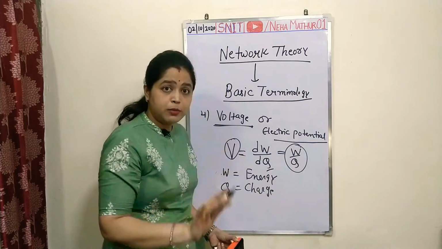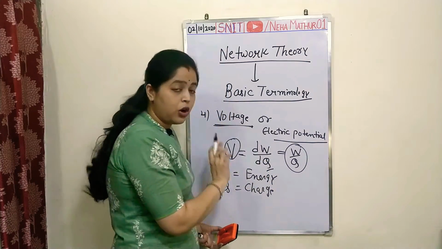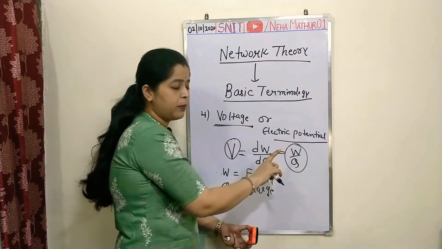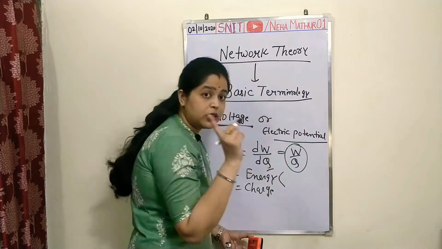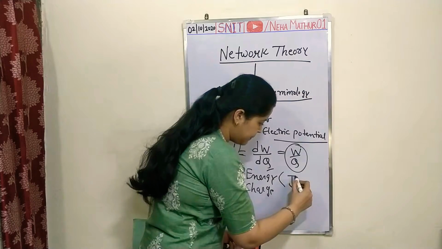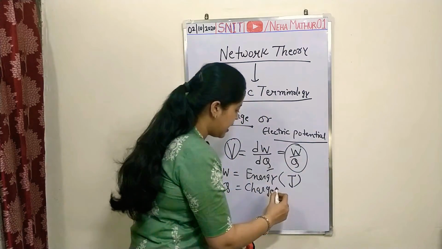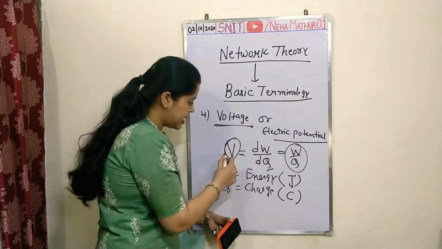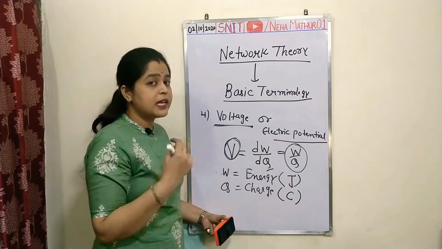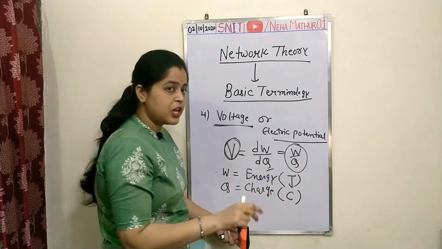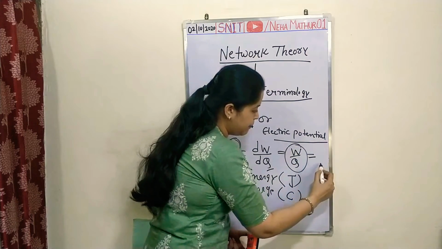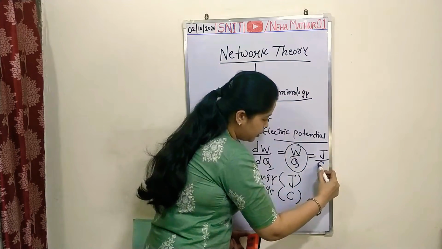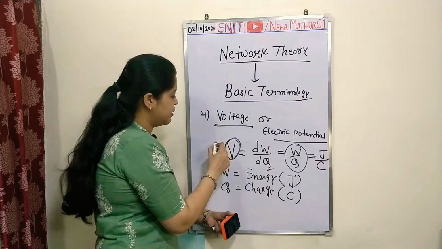So the basic formula for voltage is W upon Q. The unit for energy is joule, and for charge, as I told you, coulomb. So what will be the SI unit for voltage? The SI unit of voltage will be joule by coulomb, or you can directly write volt.